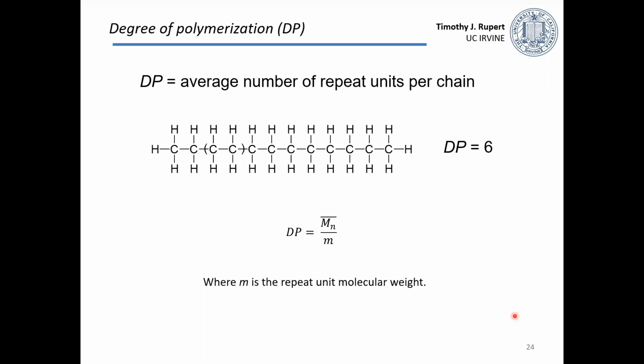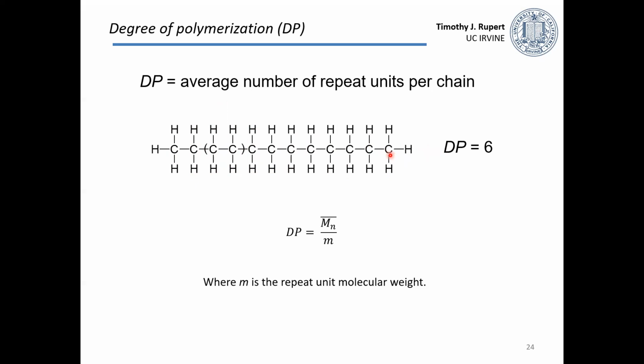So one thing we can do with this is talk about the degree of polymerization. This is a way of taking what that mass is and turning it into some physical way of talking about that polymer chain. So the degree of polymerization is the average number of repeat units per chain. What we're showing here is some polymer chain. And if we notice that the repeat unit is these 2 carbons with the 4 hydrogens, we can find that there's 1, 2, 3, 4, 5, 6 repeats in this case.